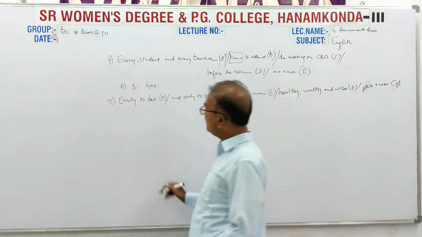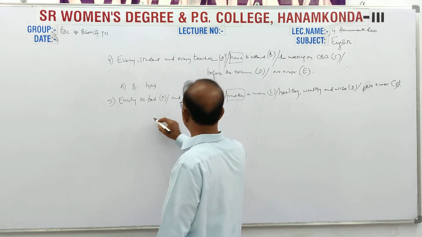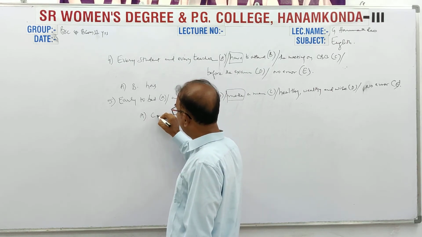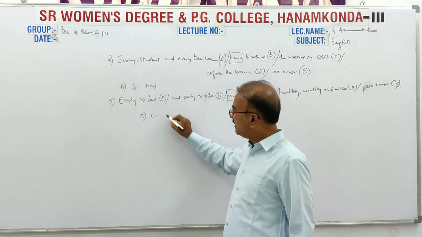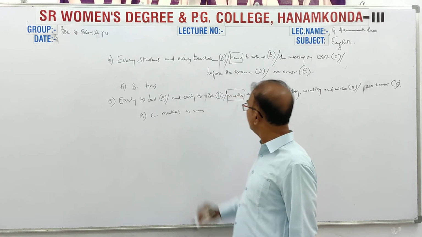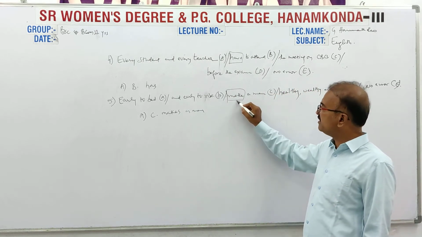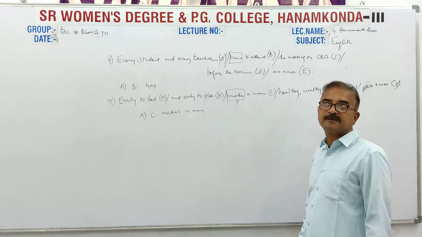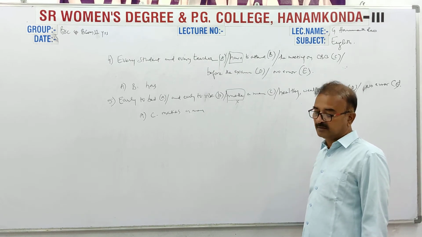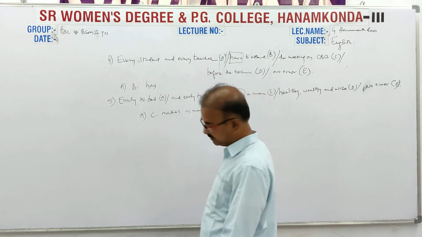The mistake is in part C, so the answer is part C, and make changes to makes a man. So the mistaken thing is make. Okay.